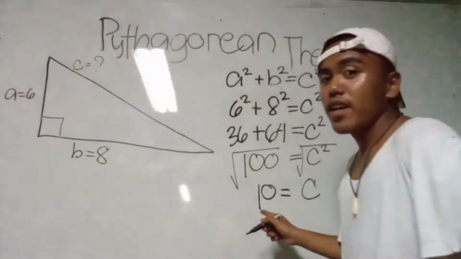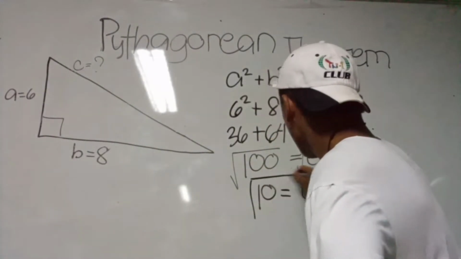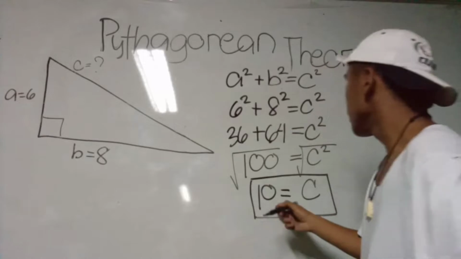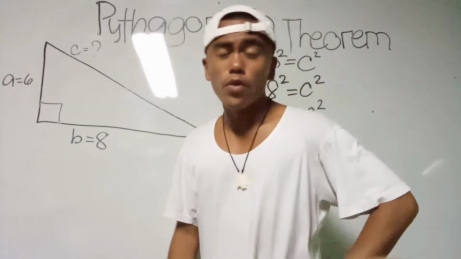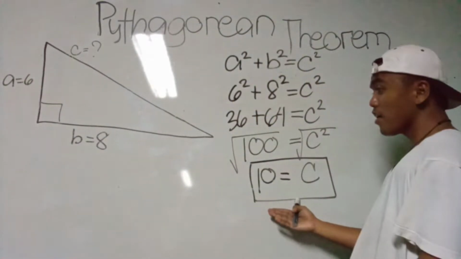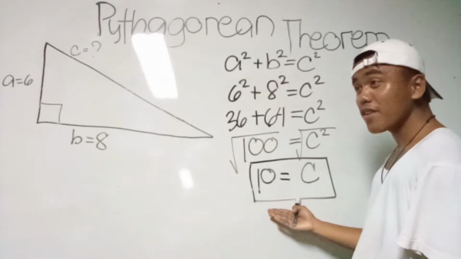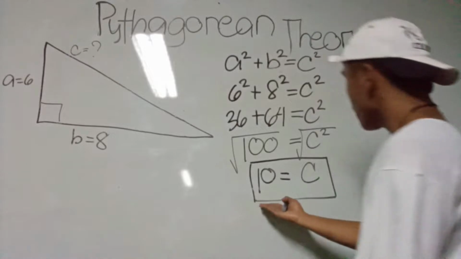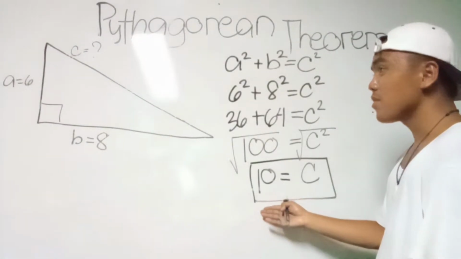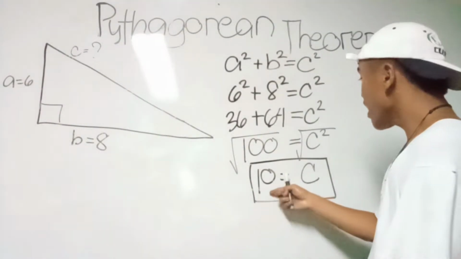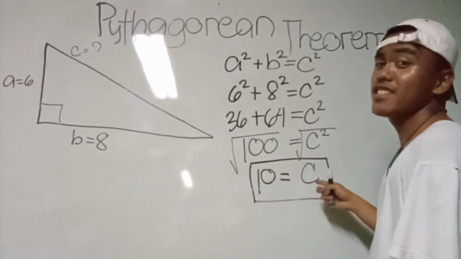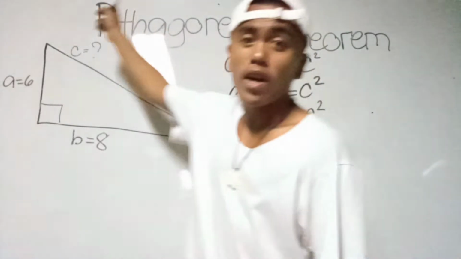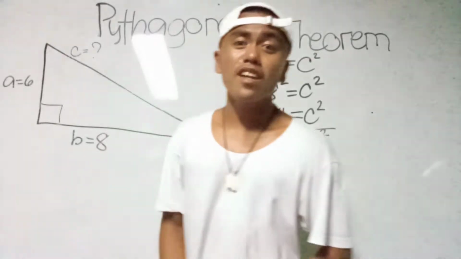Now, this is the value of the hypotenuse of the triangle: 10. I know you may have wondered why we do not put a plus or minus sign on the answer. It is because 10 is the value of C, the hypotenuse of the triangle, and it cannot be negative.